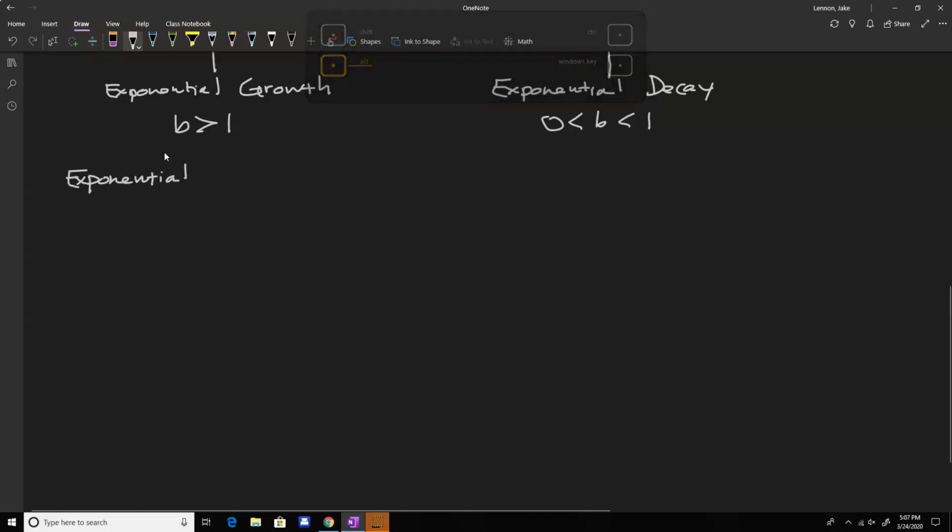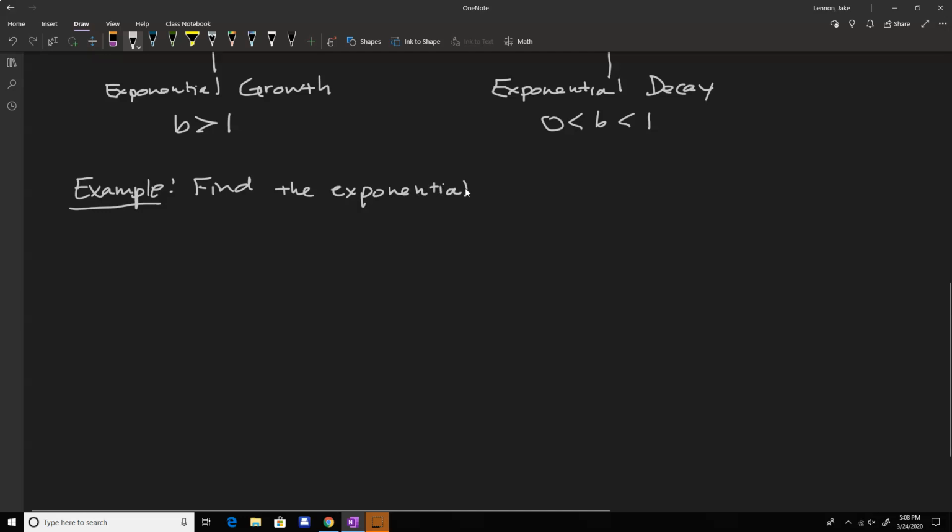Sorry, I keep hitting the wrong button, I meant to write example. Sorry about that. So example. Let's suppose we want to find the exponential function that passes through the 2 points.